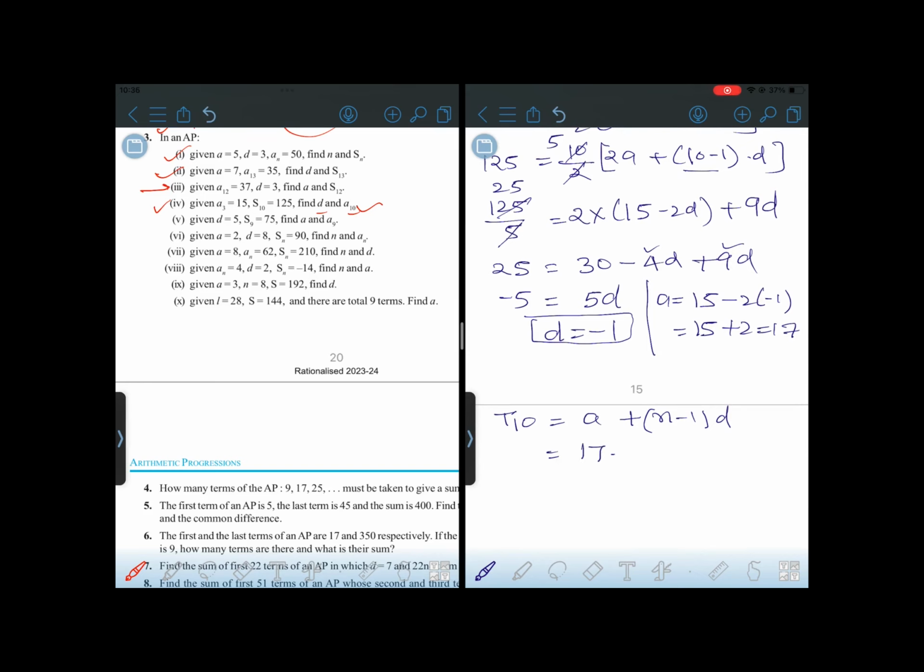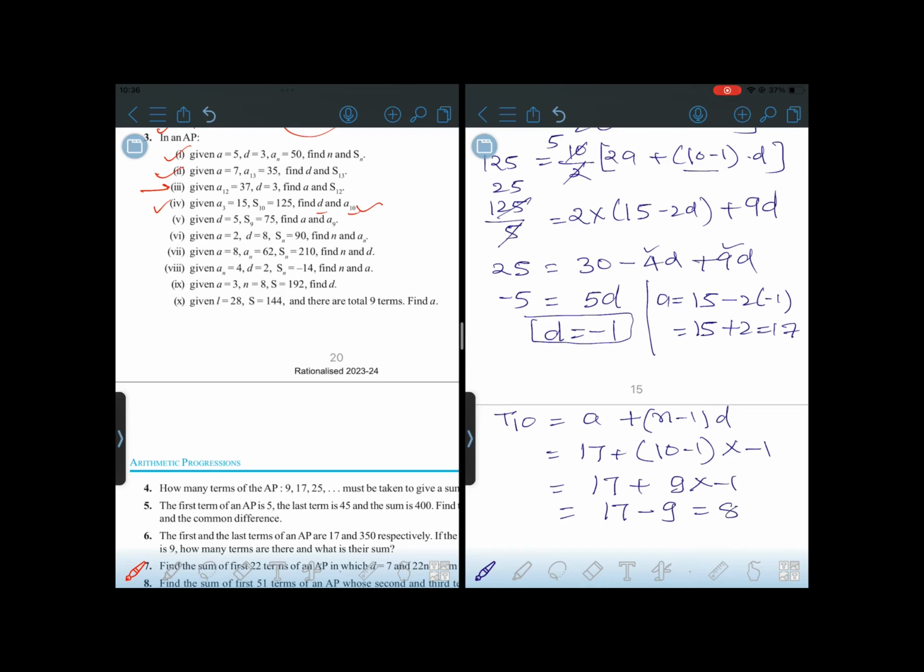A is 17 and the value of n is 10, so (10 minus 1) into minus 1. That gives us 17 plus 9 into minus 1. That is 17 minus 9, and this is basically 8, right?